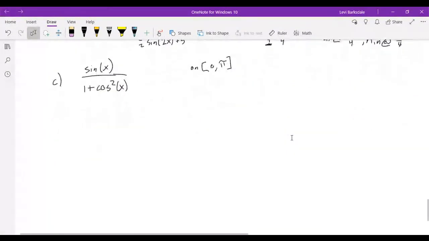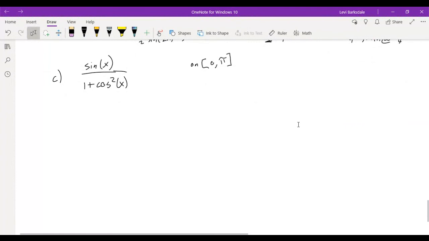All right, and then part C is essentially the derivative. You can simplify it some with trig rules. Your derivative eventually comes out to 2 cosine of x divided by 1 plus cosine squared of x.